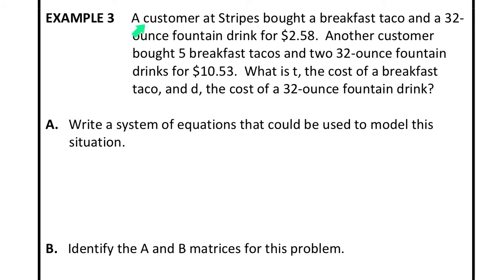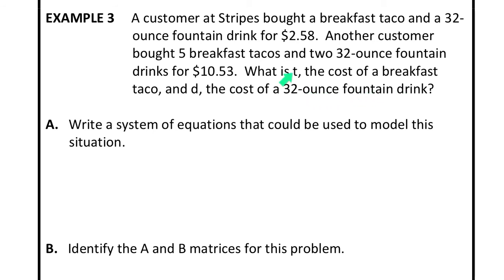It says, a customer at Stripes bought a breakfast taco and a 32-ounce fountain drink for $2.58. Another customer bought 5 breakfast tacos and 2 32-ounce fountain drinks for $10.53. What is T, the cost of a breakfast taco, and D, the cost of a 32-ounce fountain drink?